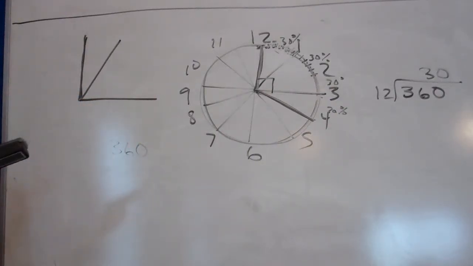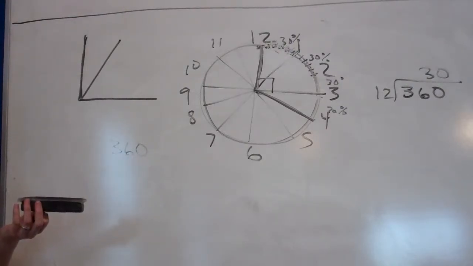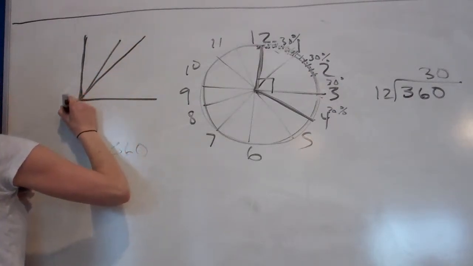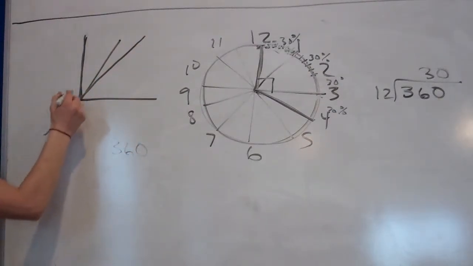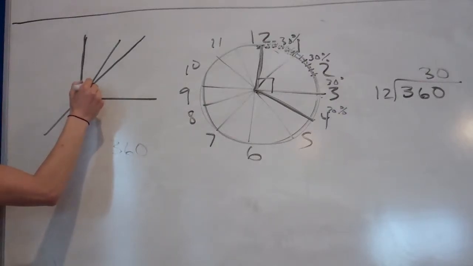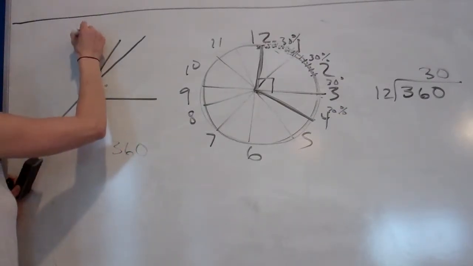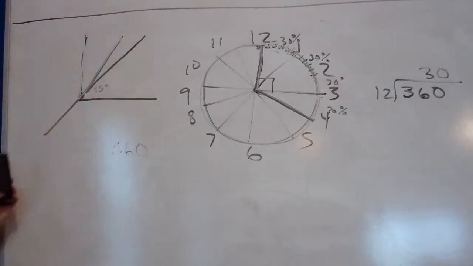That in itself puts things in perspective. Another good thing to do is, what is half of 90? 45. So let's draw a halfway mark. We know from here to here is 45. So, approximately, what is this to this?